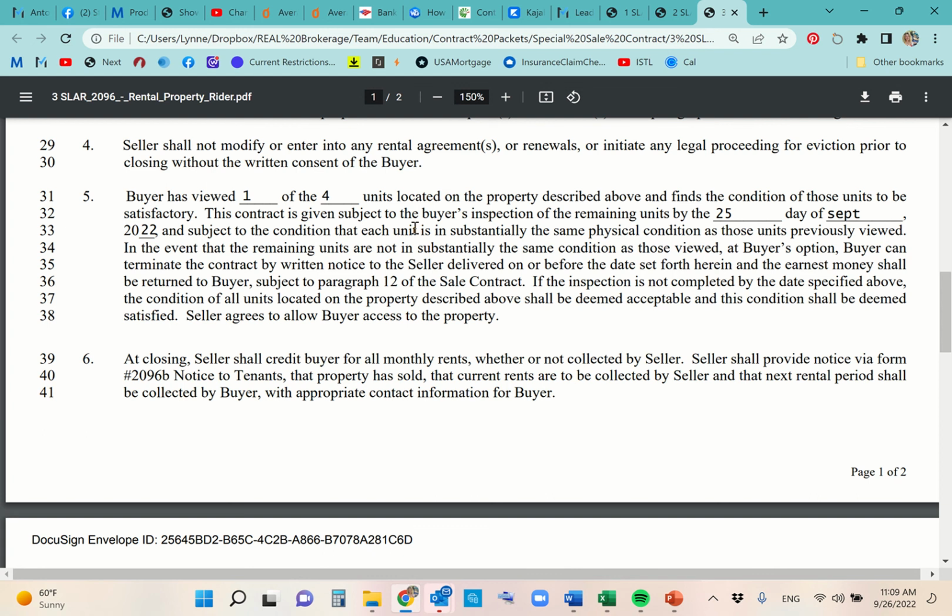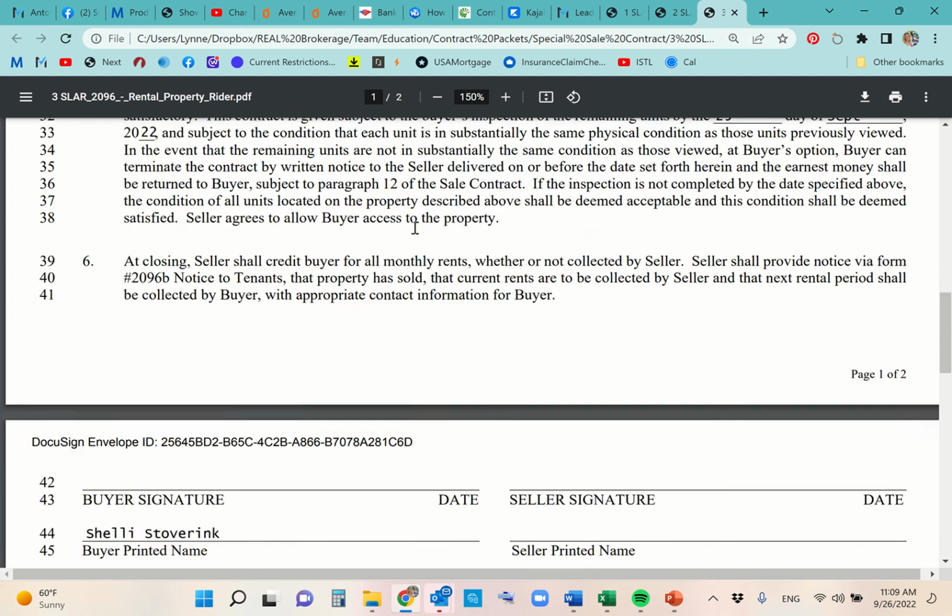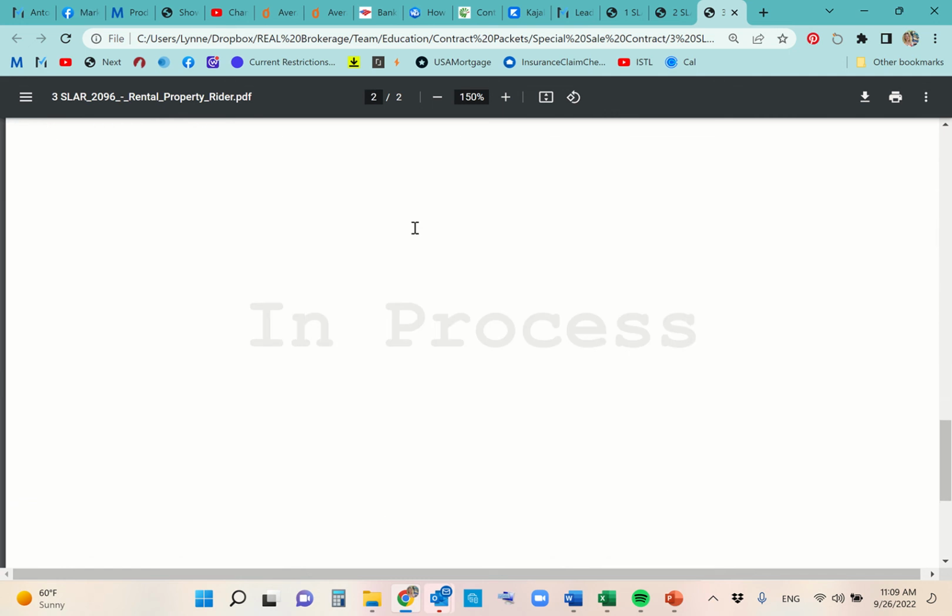But if you know that your buyer is going to want to walk through all 4 units before they do their inspections, then you need to prepare for that. You need to make sure it is clear that they will not be purchasing their inspections until they have been given the access and walkthrough here in Section 5. And then we sign, right?